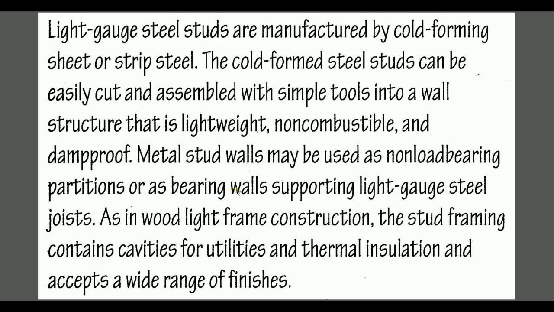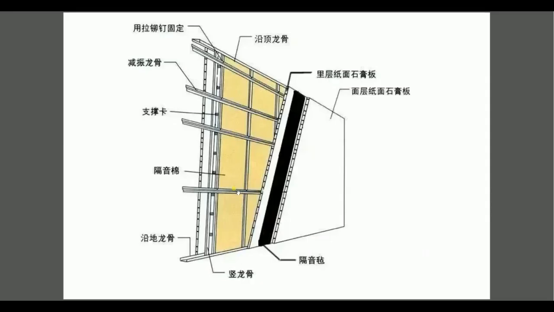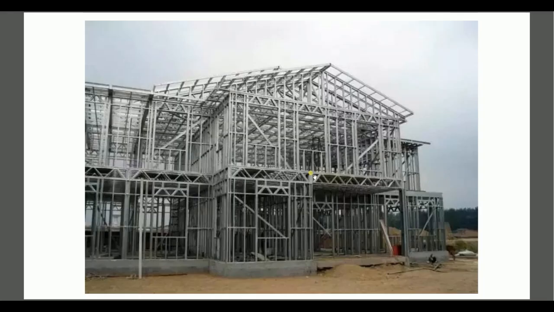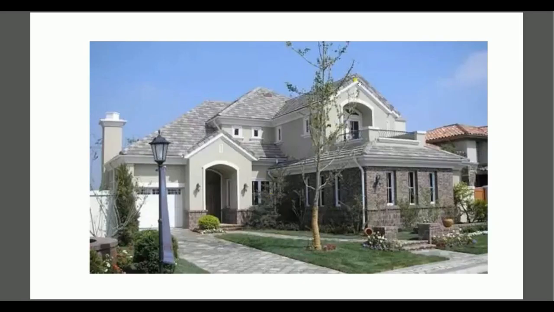It looks the same. When that is constructed complete, it looks the same as the wood house, but it is a steel house. Totally a steel house, different. Yeah, this kind of framing. This is the construction completion here.